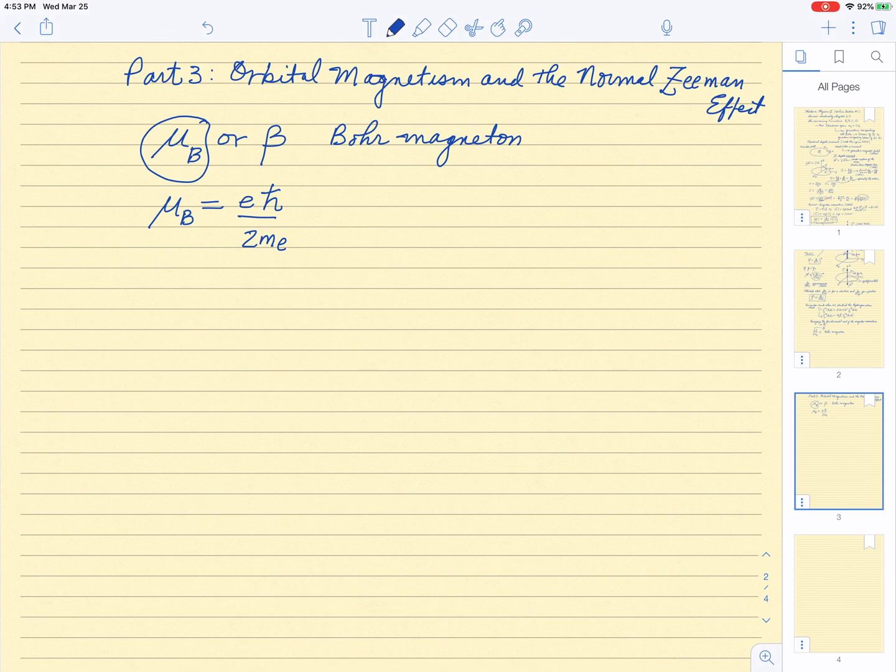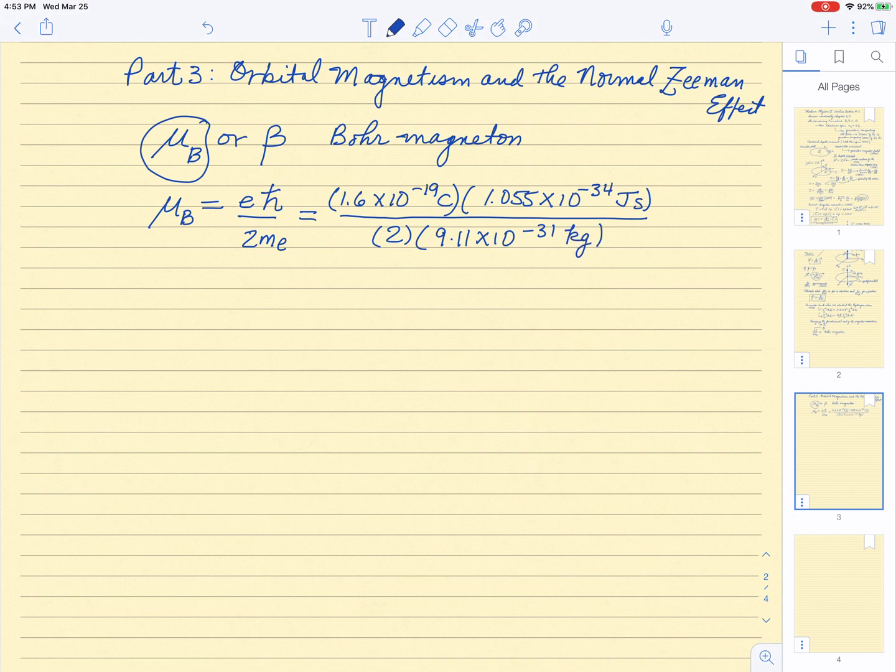And again, remember e is q sub e, the magnitude of the charge on the electron, which is 1.6 times 10 to the negative 19 coulombs. H bar is 1.055 times 10 to the negative 34 joule seconds. And this is divided by 2 times the mass of the electron, which is 9.11 times 10 to the negative 31 kilograms.